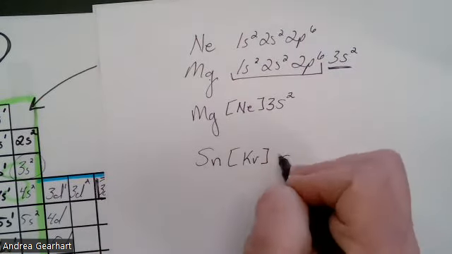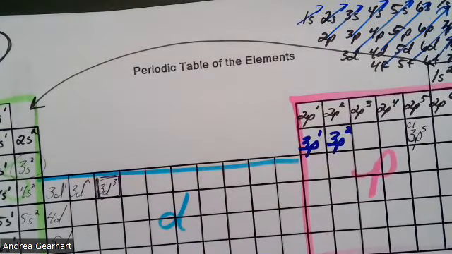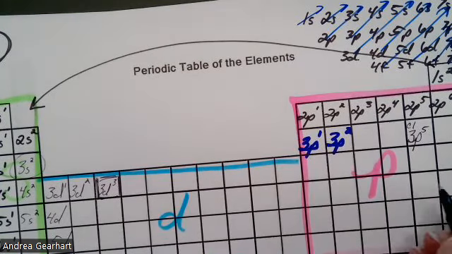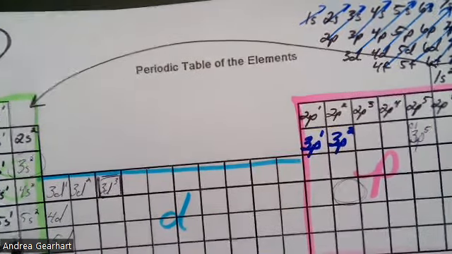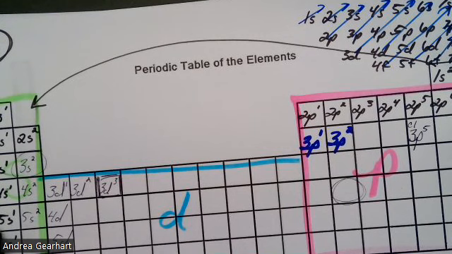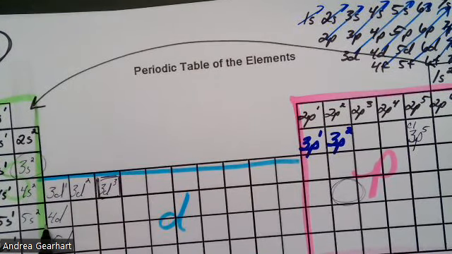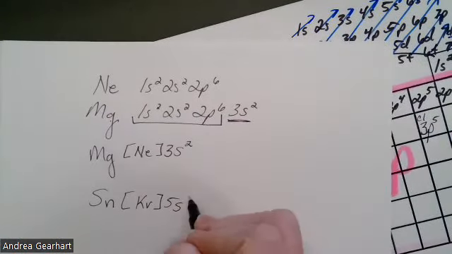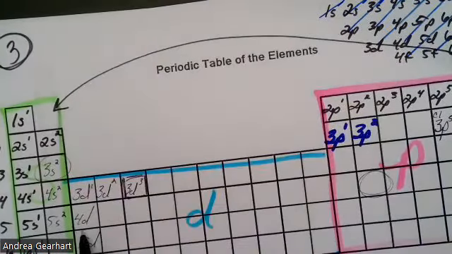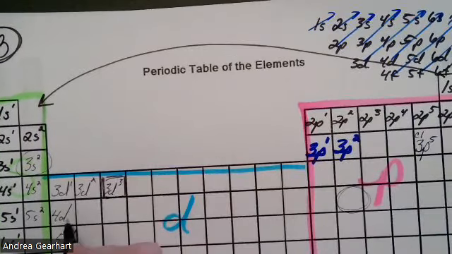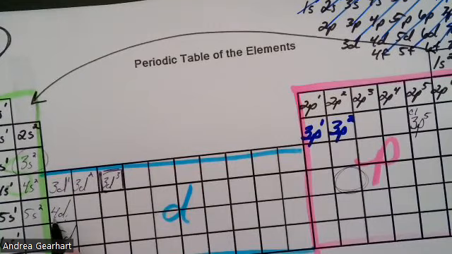Yes. Okay, so 50, the second. 1, 2, 3, 4, 5. So I have to work my way through 5s. Do I need both of them? Yeah. That'll get me here. Then I enter the D block, and what we have to remember is the D is 1 minus the period number.